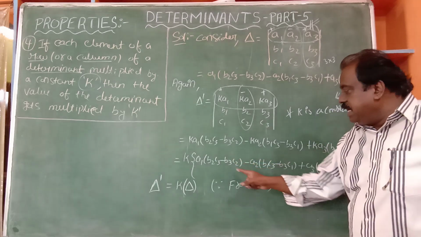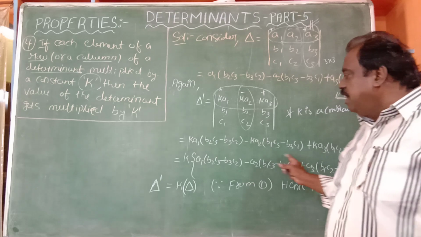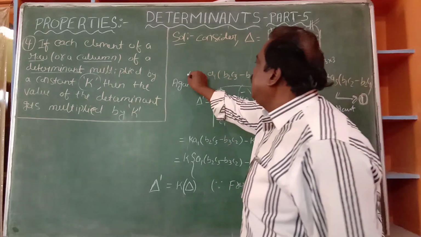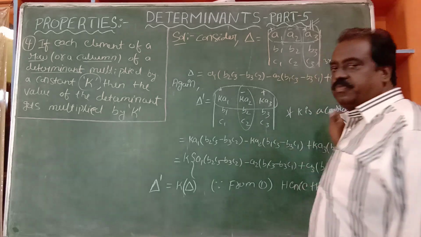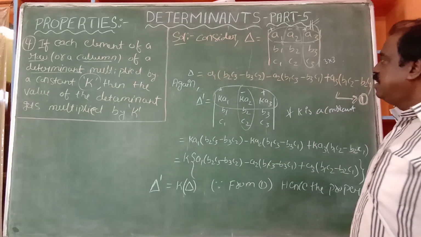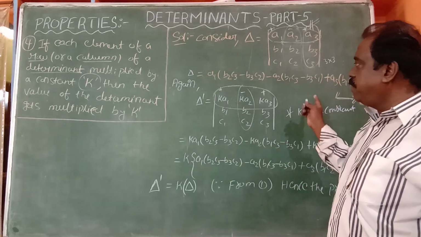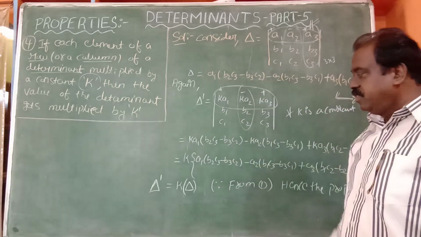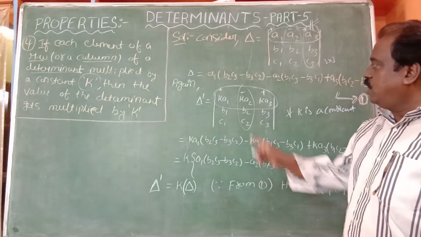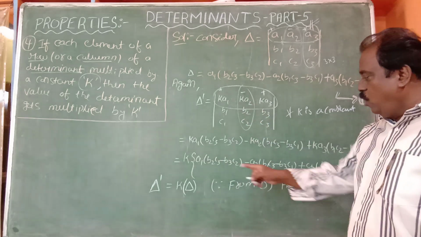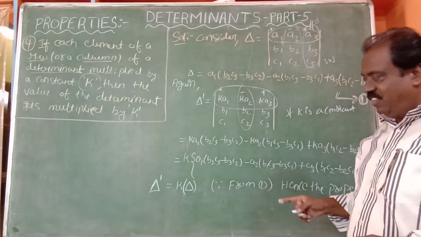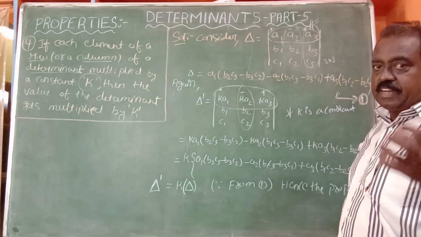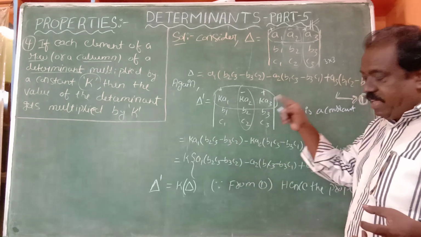So the expression in the bracket becomes delta. From equation 1, we can write this expression as delta, and k is as it is. So delta dash is, at last, k into delta. Delta is the actual value of the determinant, and that is multiplied by k.